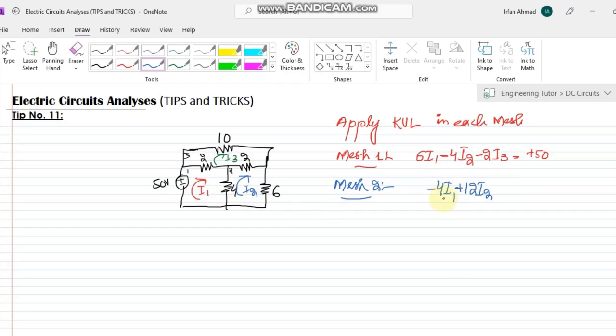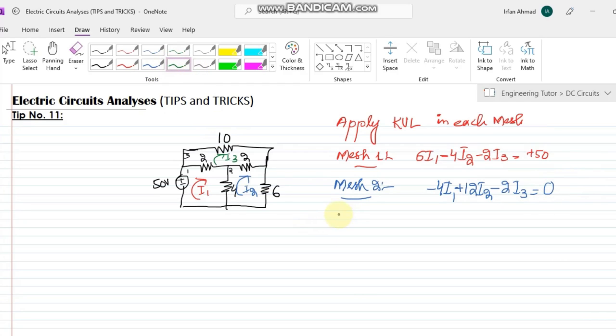So that is minus 4I1 plus 12I2, and another resistor it is sharing is this 2 ohm, which is shared between the second mesh and the third mesh. So similar conditions will be applied here, and minus 2I3 will be here, and as there is no voltage source here, I will write 0 here.